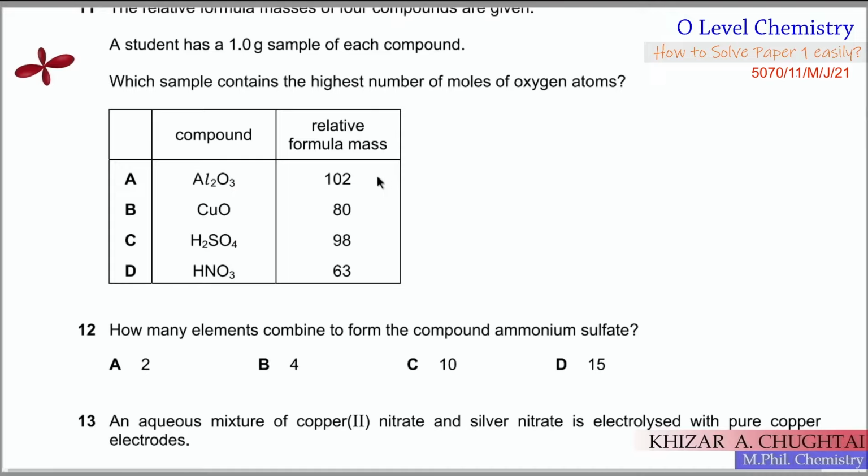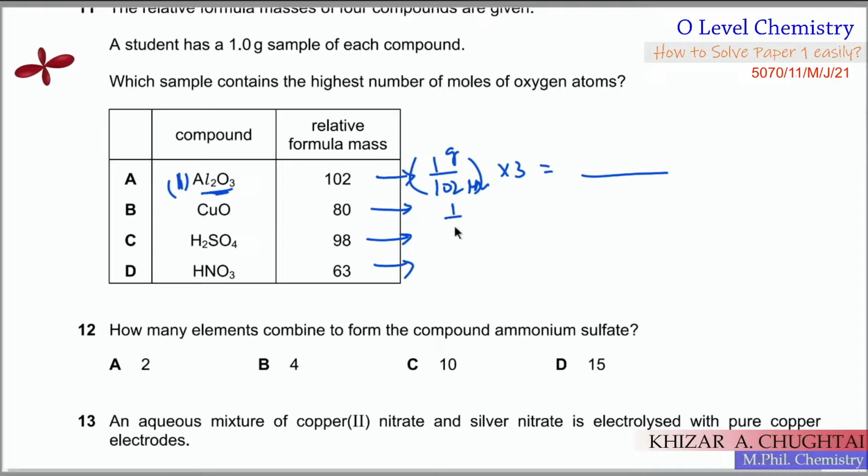First of all, I am going to find the moles of each species. 1 divided by 102, that is the moles of aluminium oxide, 1 gram divided by its MR. One mole of Al2O3 has 3 oxygen atoms, so I am going to multiply by 3. That is a rough estimation of the relative number of oxygen atoms.